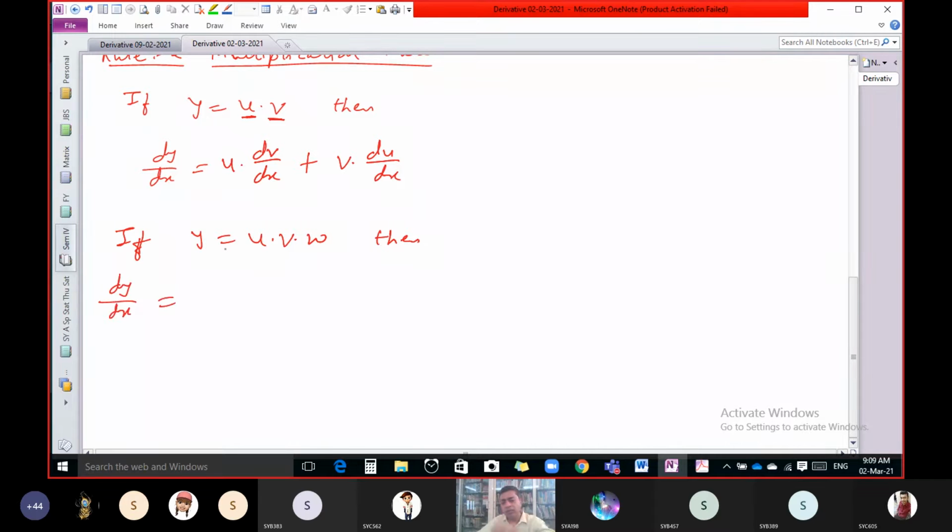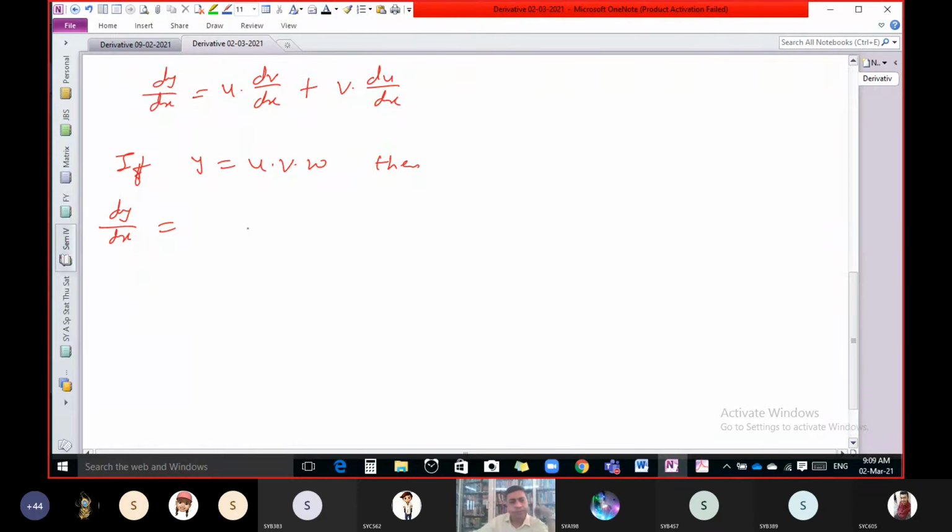Any of you know the multiplication rule for three functions? uv as it is into dw by dx, plus uw as it is into dv by dx, plus vw as it is into du by dx. That is the multiplication rule.